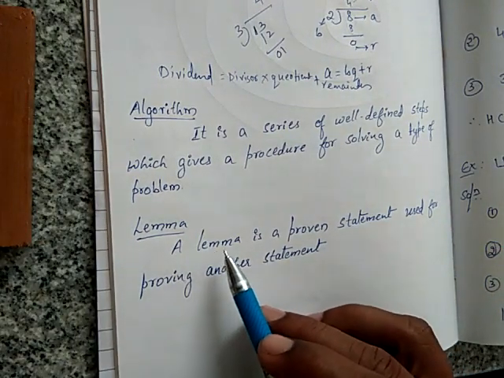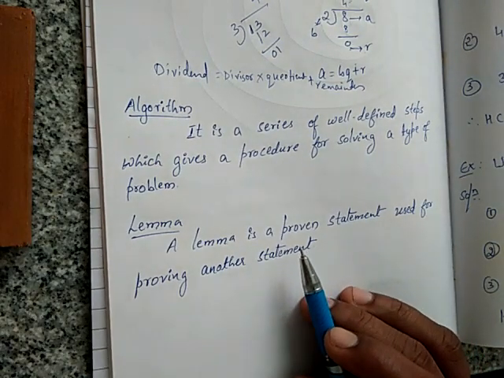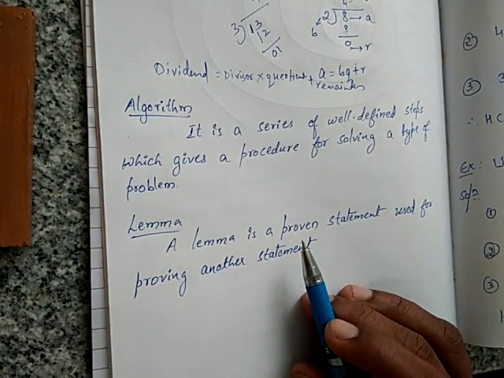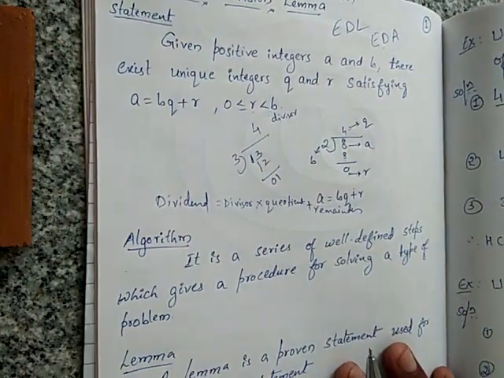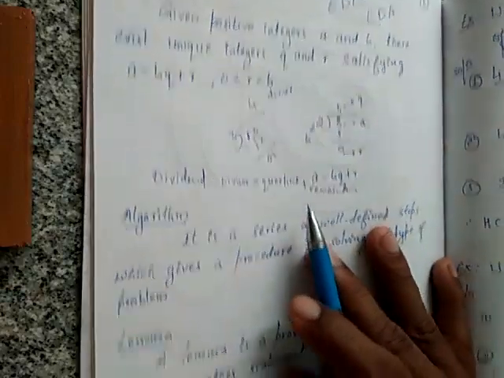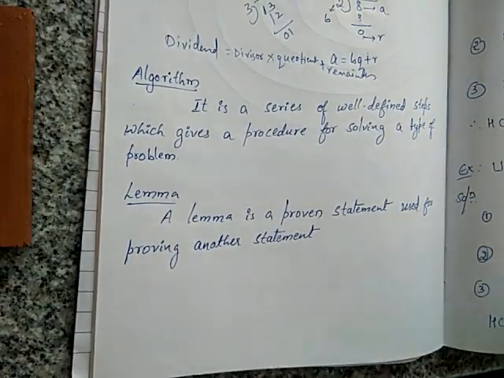A lemma is a proven statement used for proving another statement. It is already a proved statement like this, and by using this we are proving another statement.